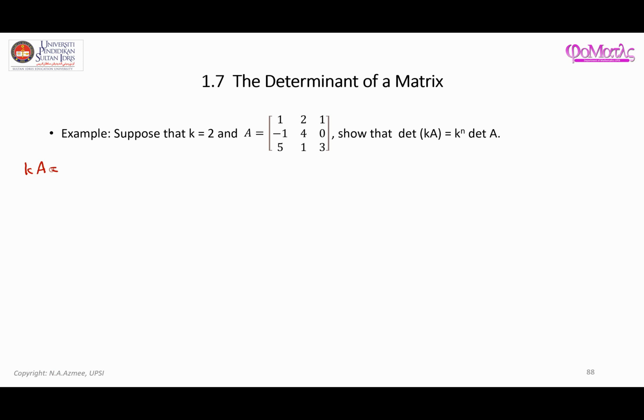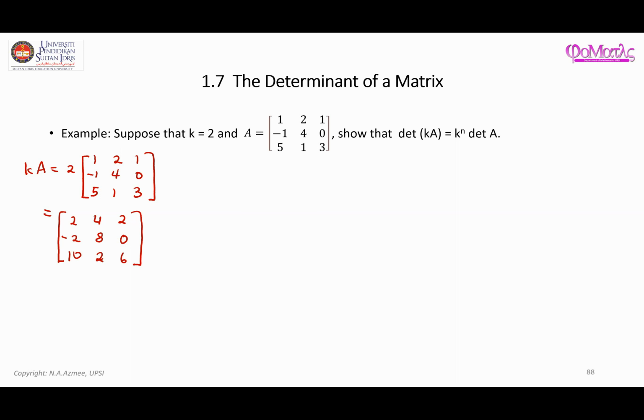K times A is going to be 2 times this matrix, 1, 2, 1, -1, 4, 0, 5, 1, 3. And that is equal to 2, 4, 2, -2, 8, 0, 10, 2, and 6. So this is the matrix KA.